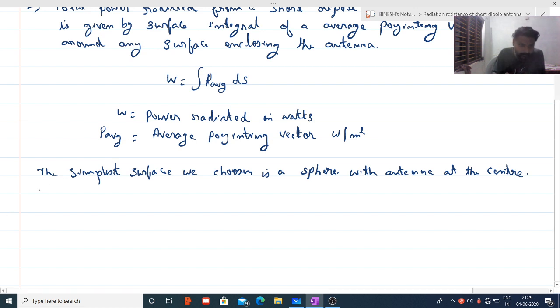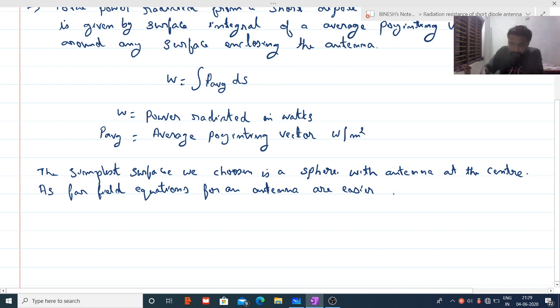The next point: far field equations for an antenna are easier or simpler than the near field relation.